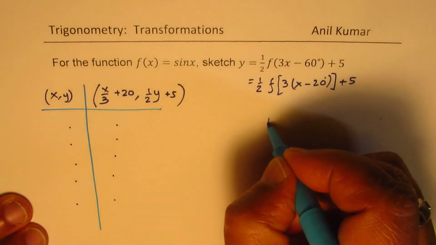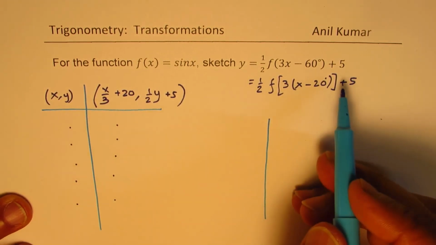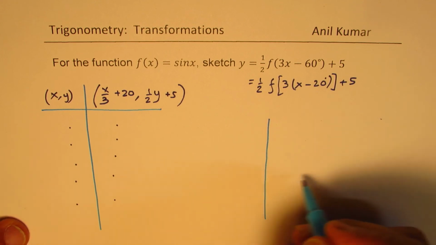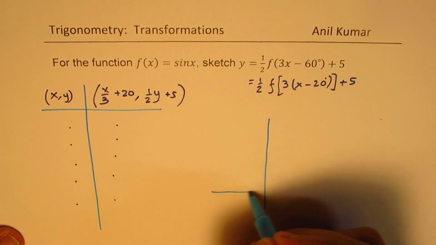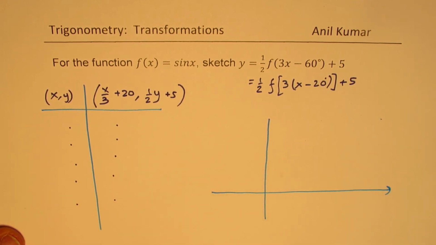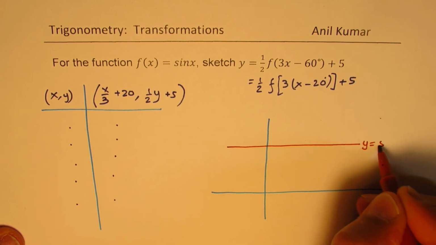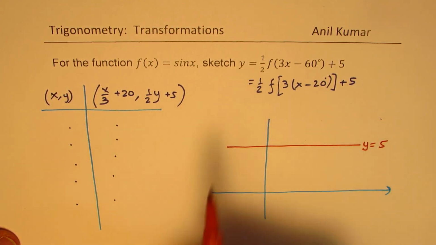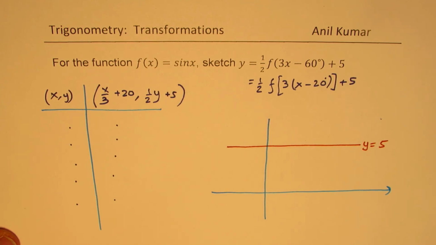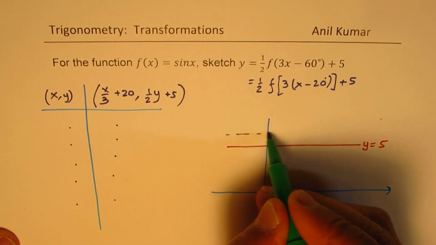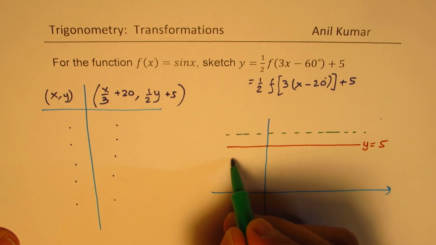So as far as the graph is concerned, what do you expect? You expect the whole graph to move up by 5 units, right? So this time I'm sketching it here. We say our axis here is y equals 5. The amplitude here is only half, right? So the maximum and minimum values will be somewhere here, correct?